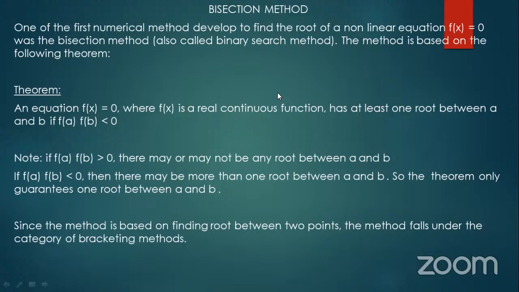Note, if f(a) f(b) is greater than 0, there may or may not be any root between a and b. If f(a) f(b) is less than 0, then there may be more than one root between a and b. So the theorem only guarantees one root between a and b. Since this method is based on finding roots between 2 points, the method falls under the category of bracketing methods.